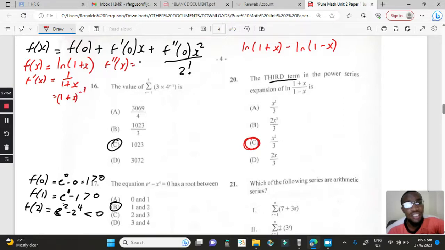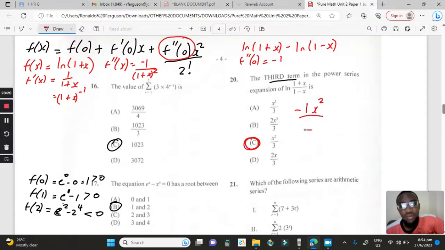So we differentiate it, that's minus 1 over 1 plus x to the minus 2 now, so it's squared, right? Carry down the power, subtract 1 from the power, yes. So if you plug in the 0, the f double prime of 0 would be negative 1. So the formula tells us that it would be negative 1 x squared over 2.